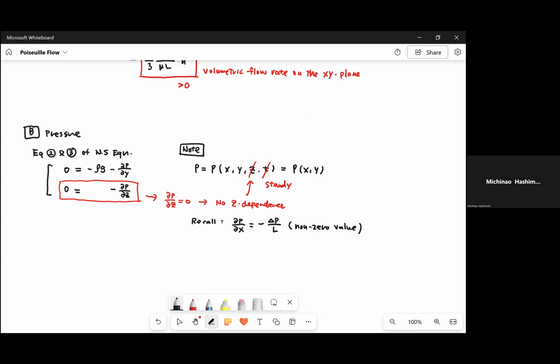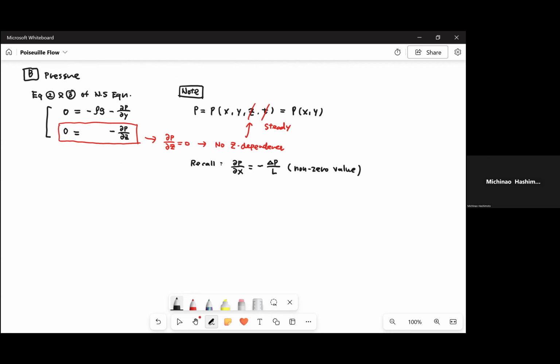Therefore, we still need to keep x as one of the variables. This makes the calculation slightly more difficult.